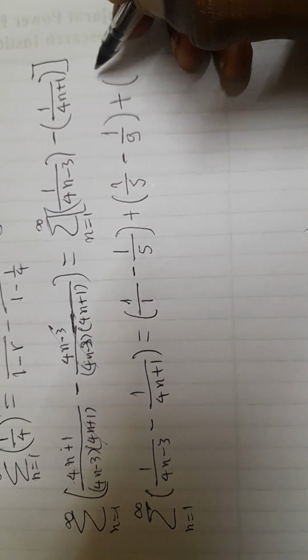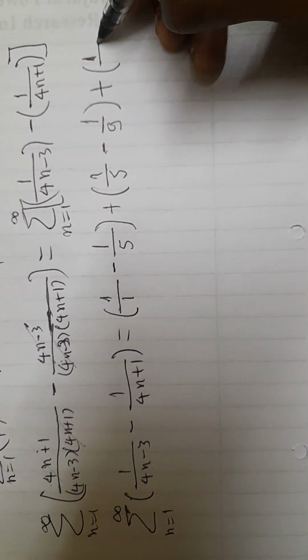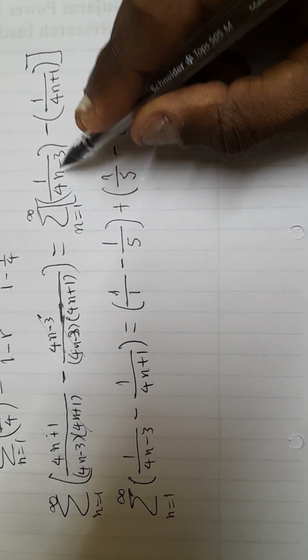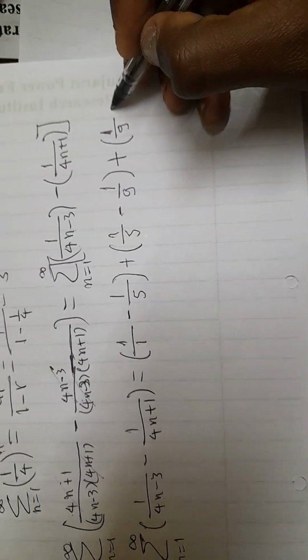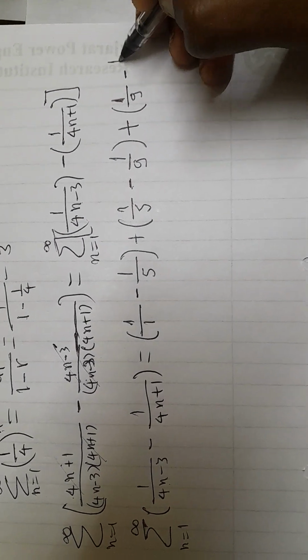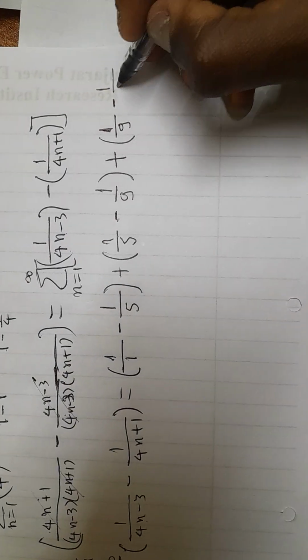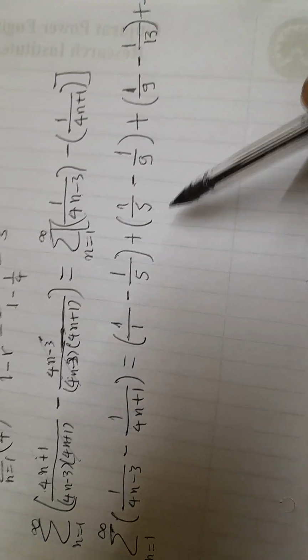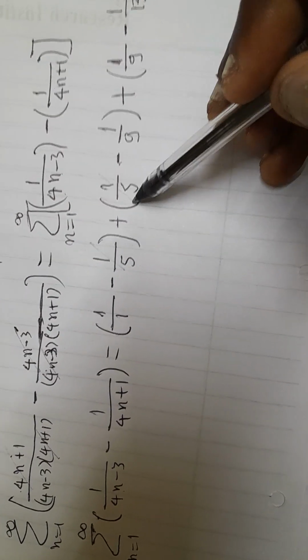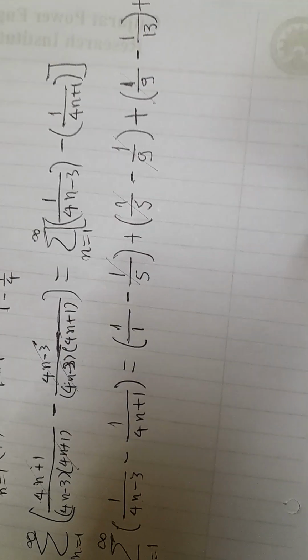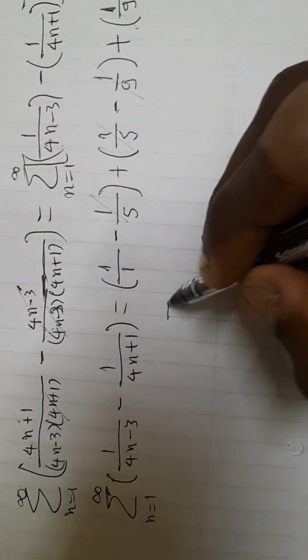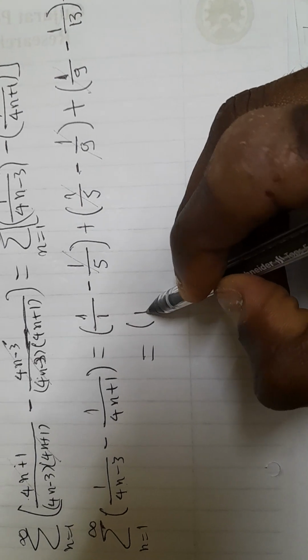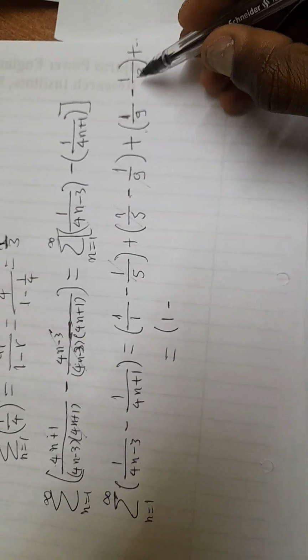Plus, do the same for 3. You get 1 upon, put here 3, it will be 12, 12 minus 3, 9. Then minus, if you put here 3, you get 13. And so on. Just look at this. If I sum, this guy will be cancelled out with this and this with this. I will just take the terms that are remaining. This is 1 and minus 1 upon 13. Minus 1 upon 4n plus 1 will be repeating over and over.